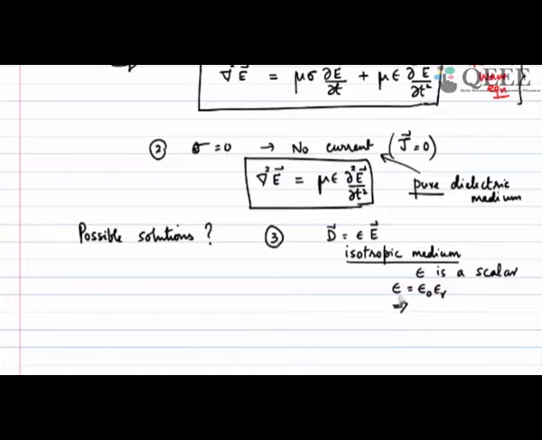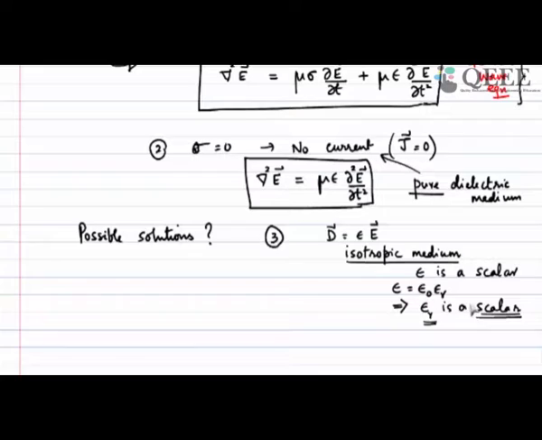So if I say the medium is isotropic and epsilon is a scalar, I actually mean epsilon r is a scalar, because I know that epsilon 0 is 8.85 into 10 power minus 12, that is already a constant number. Epsilon r is also a constant and a scalar quantity.